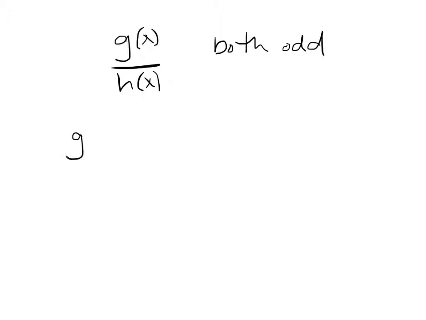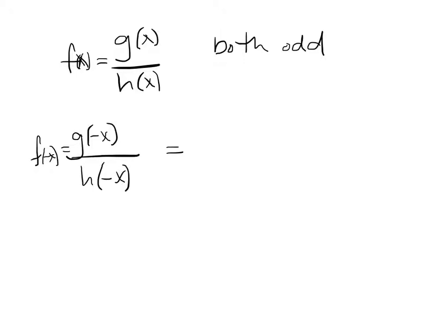Because f of negative x equals g of negative x over h of negative x, which equals negative g of x over negative h of x. Here I'm using the oddness of both of them. Same thing happens.